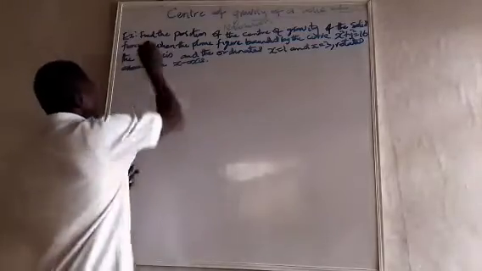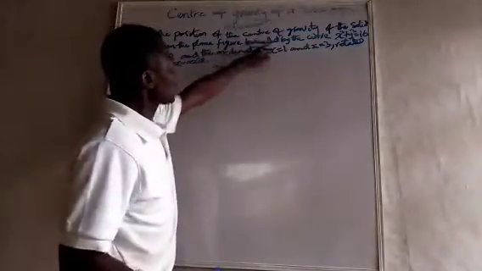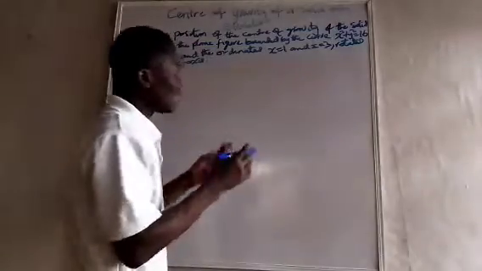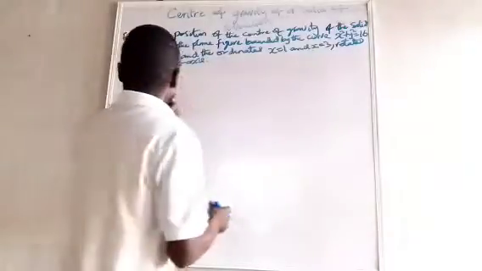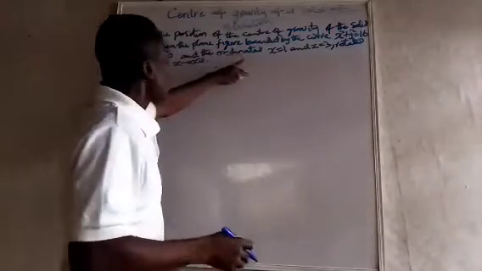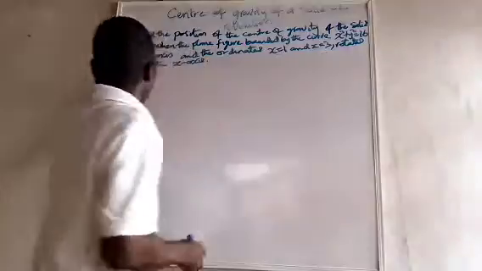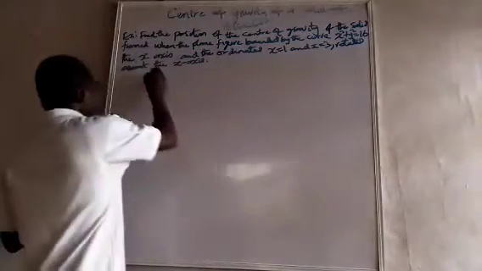Now let's deal with this example. It says find the position of the center of gravity of the solid formed when the plane figure bounded by the curve x squared plus y squared equals 16, the x-axis and the ordinates x equals 1 and x equals 3 rotates about the x-axis. So it's going to be something like this.